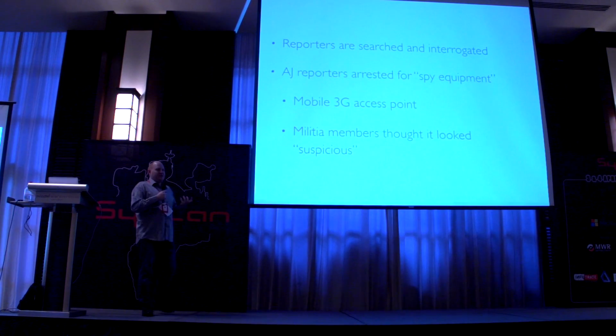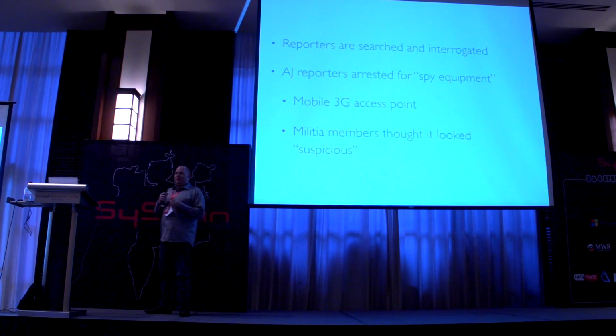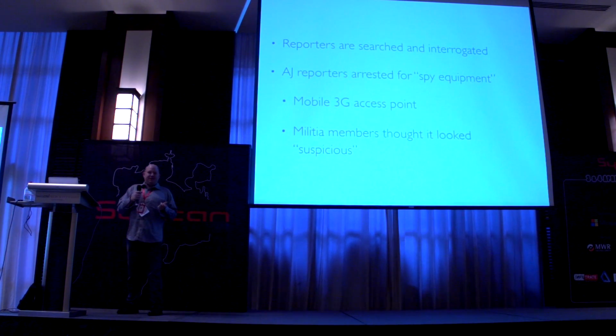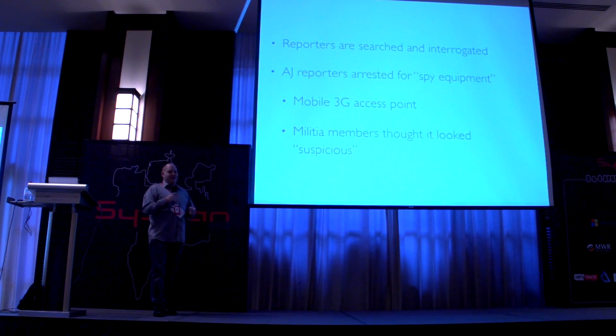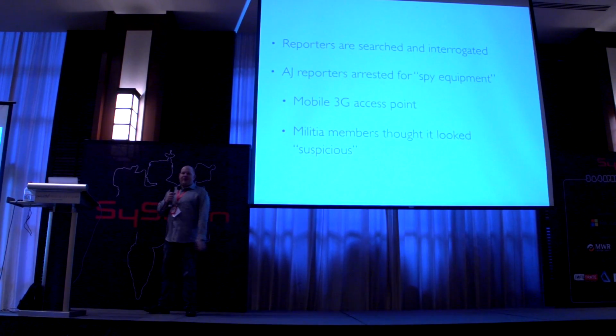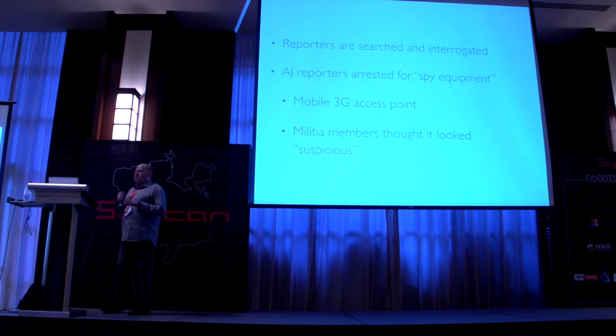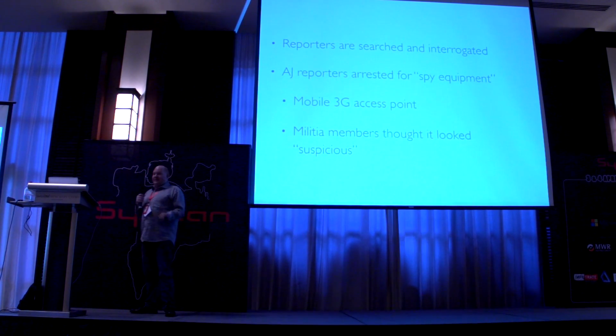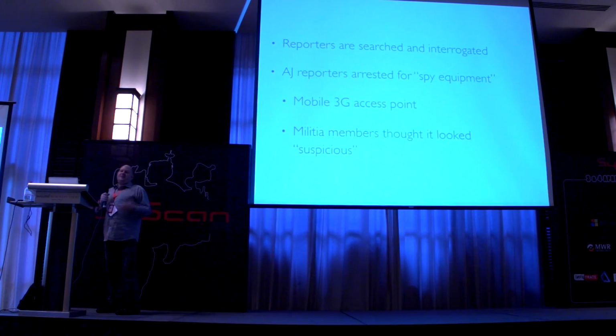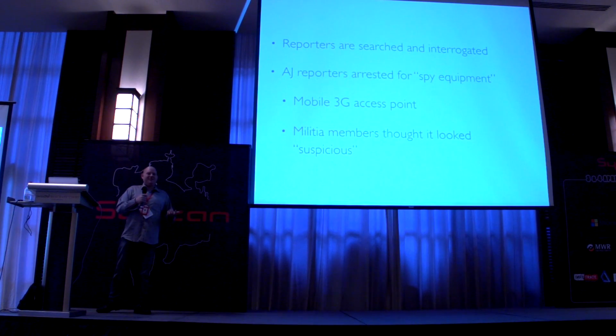And the militiamen had never seen something like this. But what happened when they turned it on is they saw it start connecting to internet, satellite located, broadcasting Wi-Fi, and they decided that quite logically this must be some sort of CIA spying device, and they arrested both of the reporters. And then Al Jazeera had to go and send a bunch of people to negotiate the release.